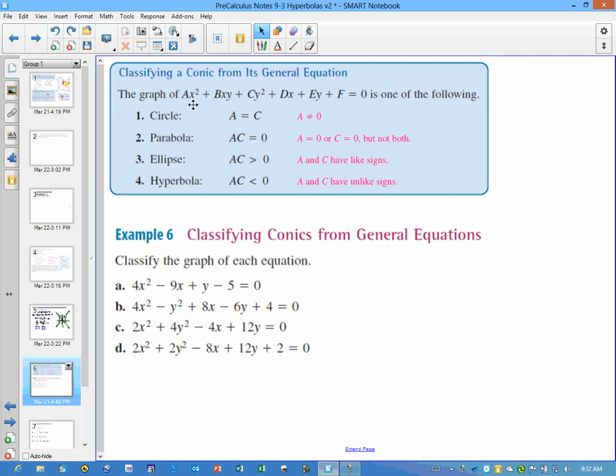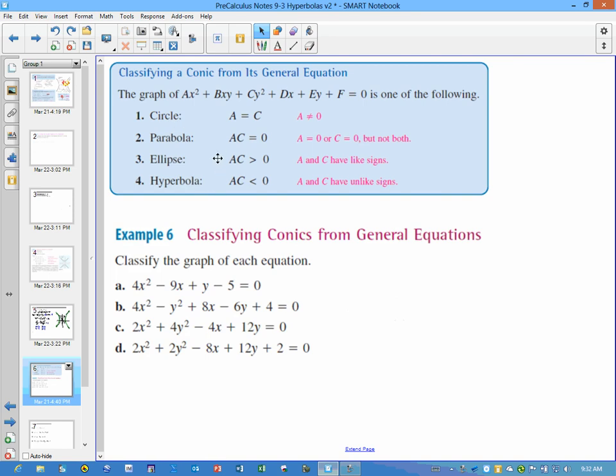So first of all, we look at the coefficients of the squared terms. Those 2 coefficients can tell us everything. If they are the same coefficient, the exact same number, then you're going to have a circle. In other words, if A equals C, you have a circle.